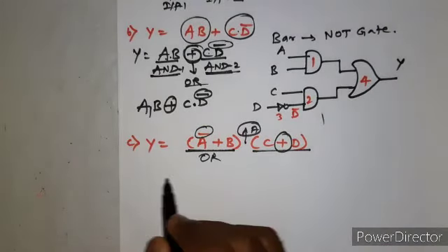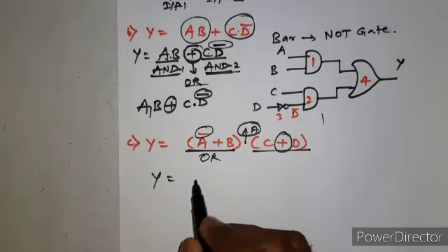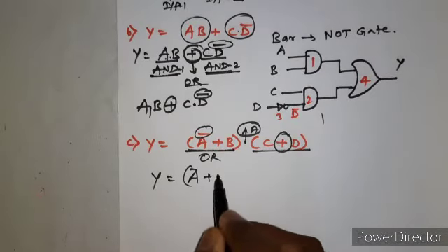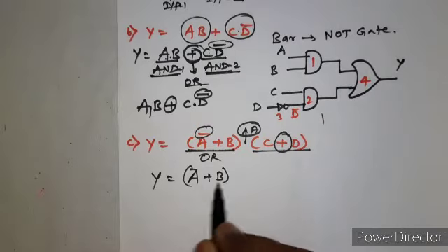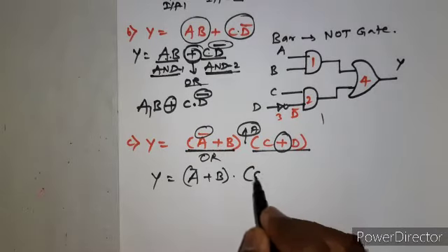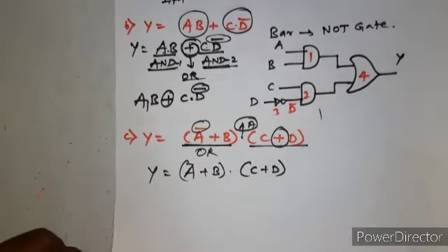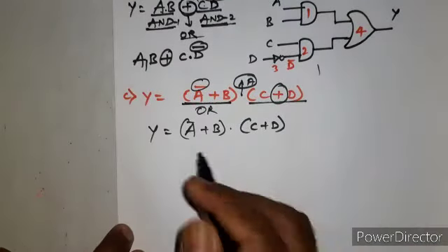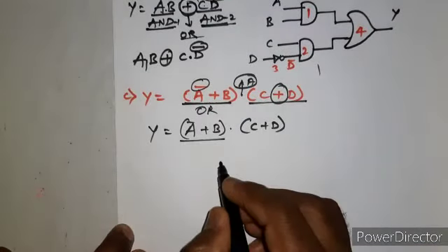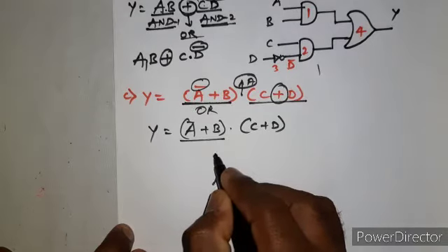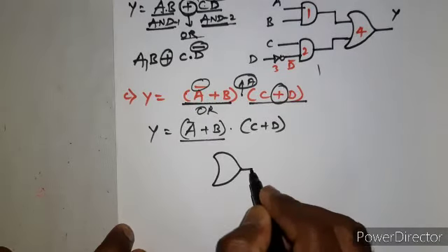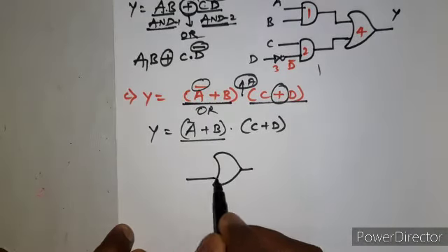Okay, so I can write down this A bar plus B, which is ORing first, and then C plus D. If I try to draw this, it's again very simple. Now this OR gate, so here I'll draw first an OR gate. B is directly connected.